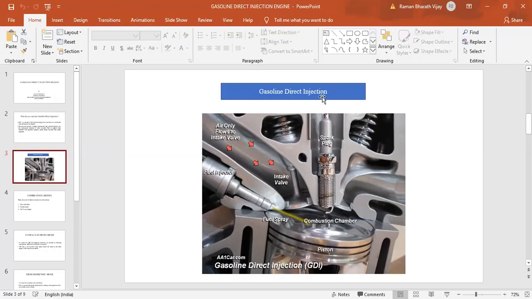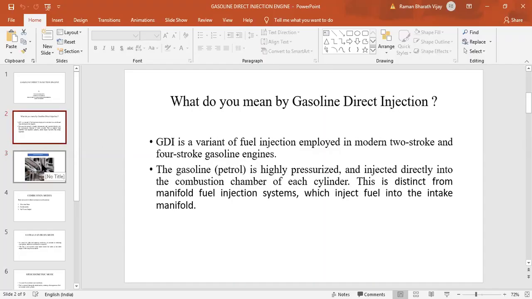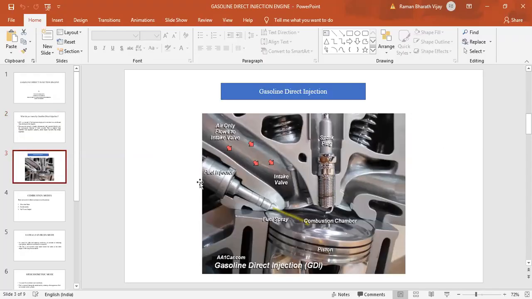In the gasoline direct injection system, the fuel injector is directly placed in the combustion chamber itself. This is the difference between gasoline direct injection and manifold fuel injection systems. I again repeat, in GDI the fuel injector is placed directly in the combustion chamber itself. This is the main point which explains what GDI is.